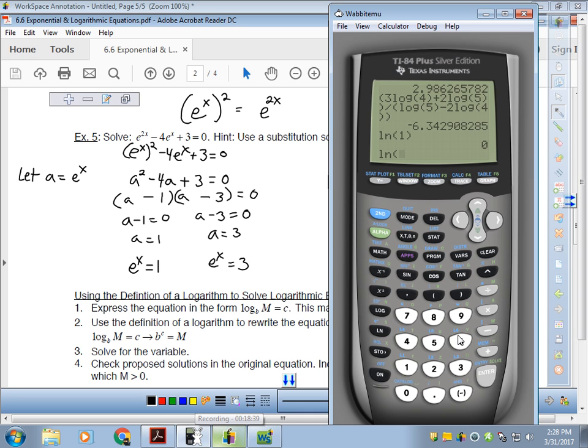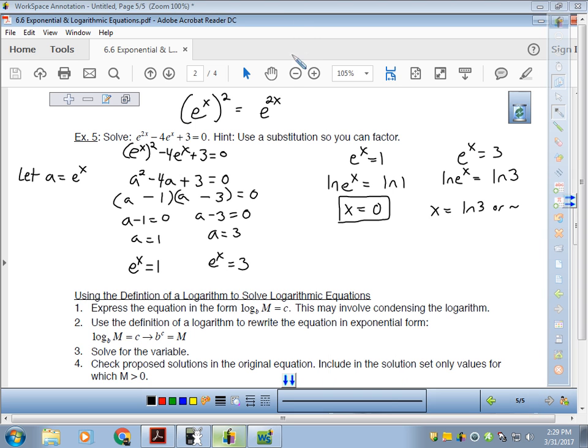So ln of 3, 1.099. So ln of 3 would be the exact answer. 1.099 would be the approximate answer. And so that's how we would handle a problem like that.